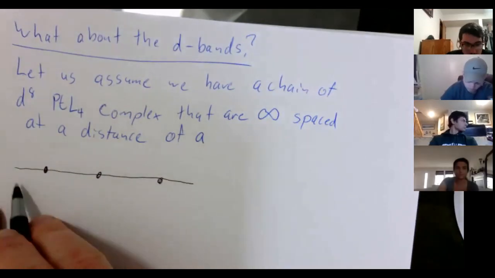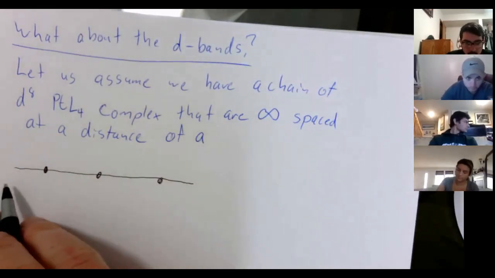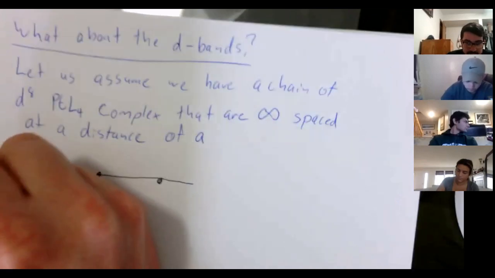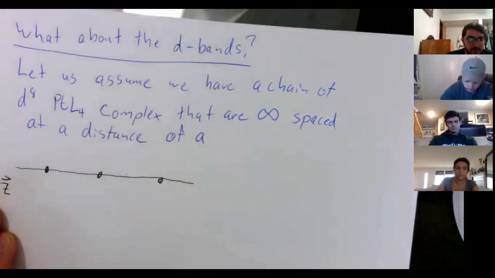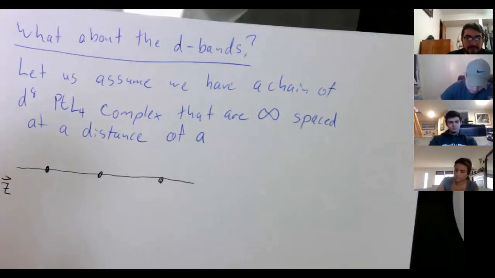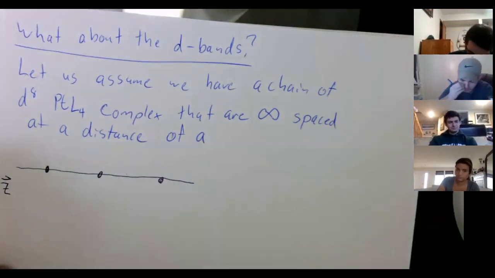I don't know, we're going to say this is the z direction. I know you guys hate changing coordinate axes, but we're going to have this one be the z. You'll see why.